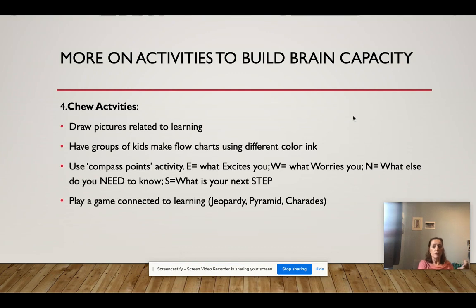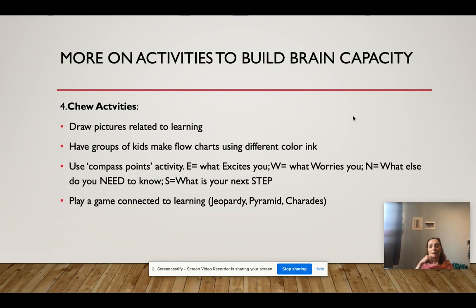W, what worries you. N, what else do you need to know about this? And S, what's our next step with this learning? So the compass points of north, south, east, west mean different things. You could have them around the room, and kids go around and put sticky notes on them. So you can use them at different times.